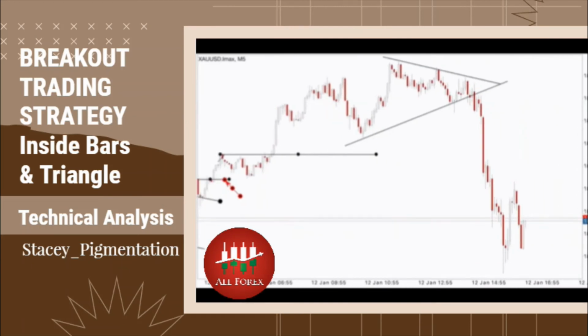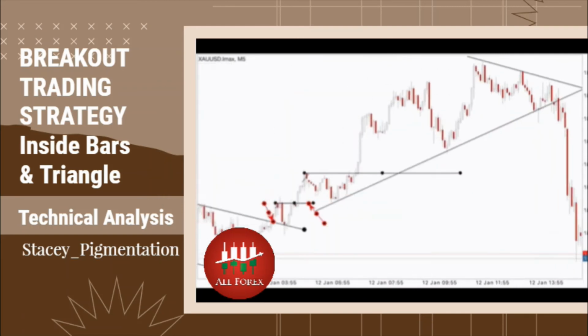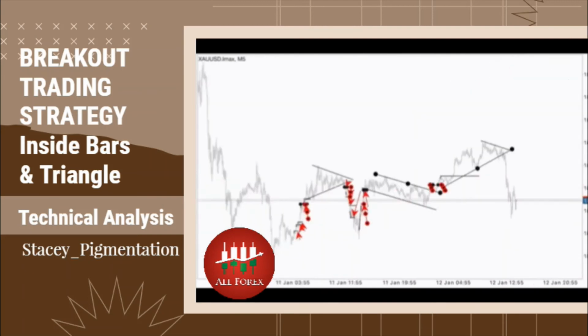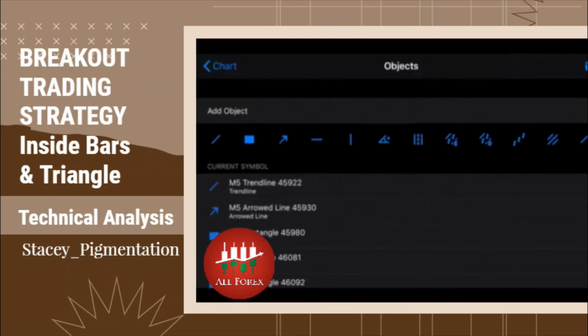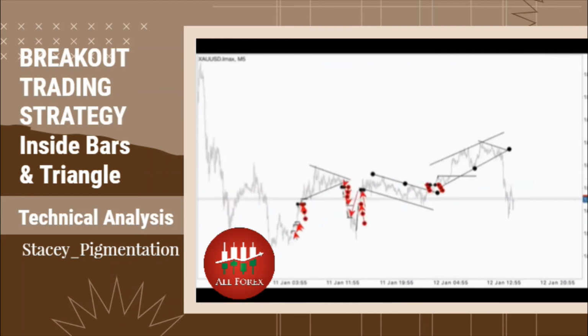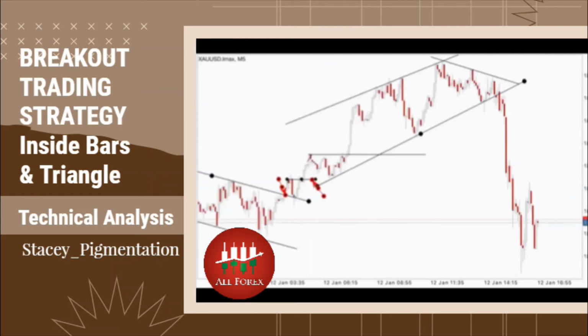That's when the market gave us that trend line. Besides that trend line, I could also locate another line right here, besides that triangle. You can tell that the market always repeats itself over and over again.